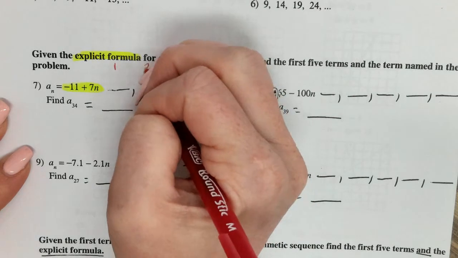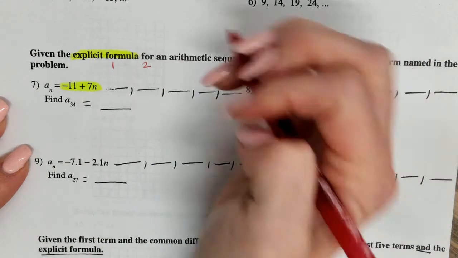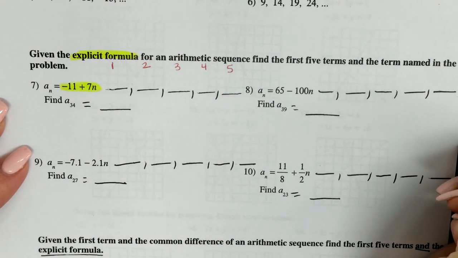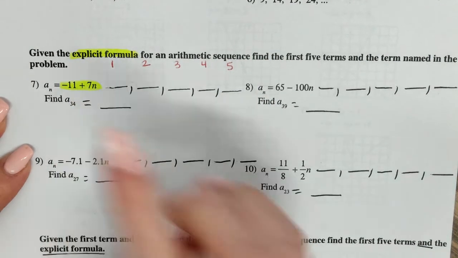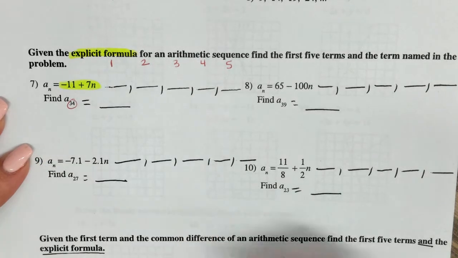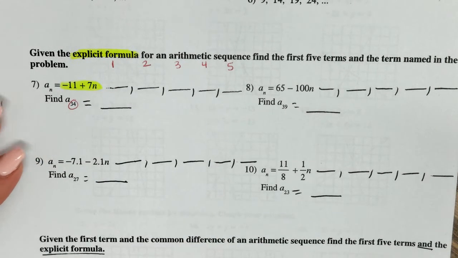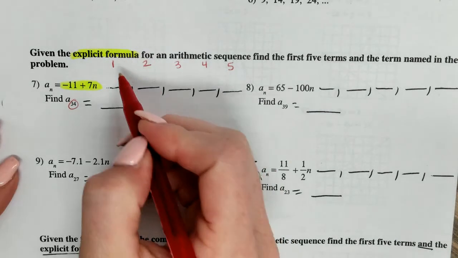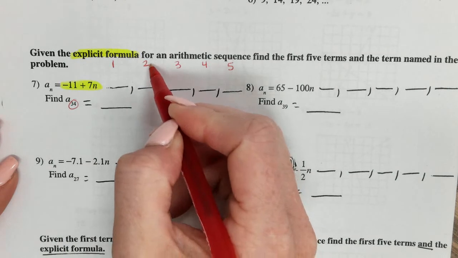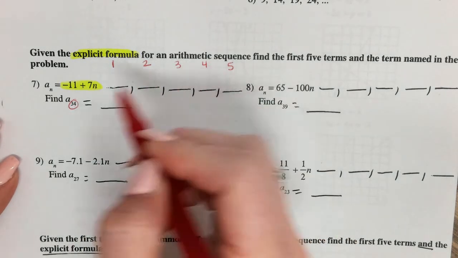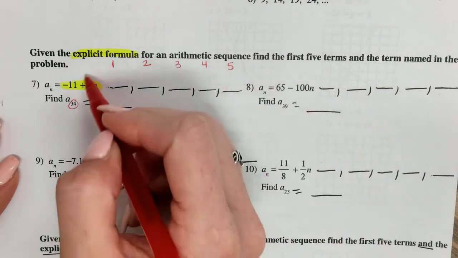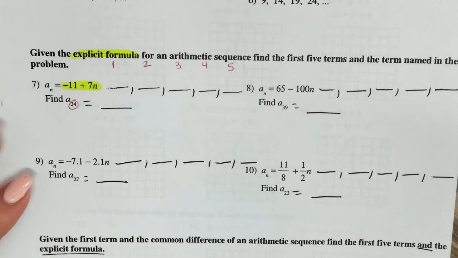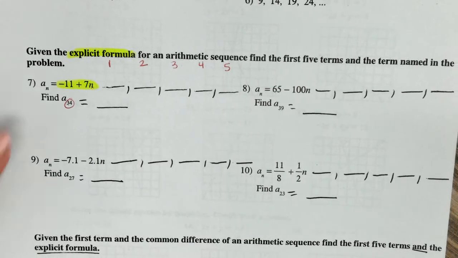This is going to be the second, the third, the fourth, and the fifth. And then down here they want me to find the 34th term. So basically what you're going to do is plug in 1 for N, 2 for N, 3 for N, 4 for N, 5 for N, and then lastly I'm going to plug in 34 for N. So guys, it's very easy. Okay, so let's do it.